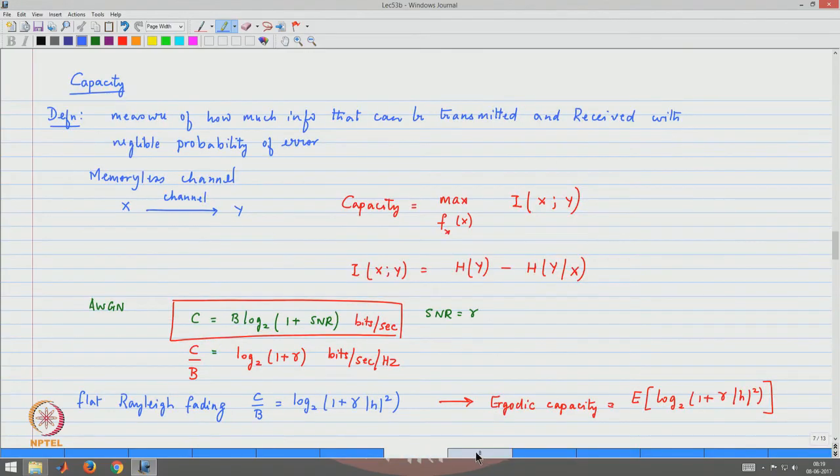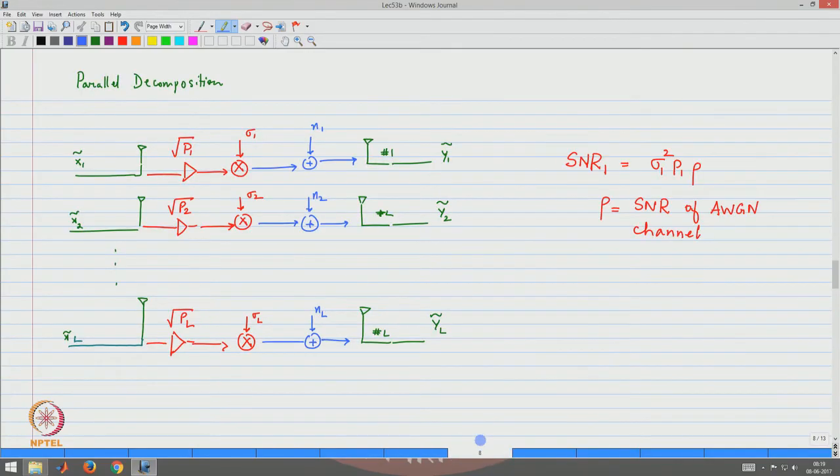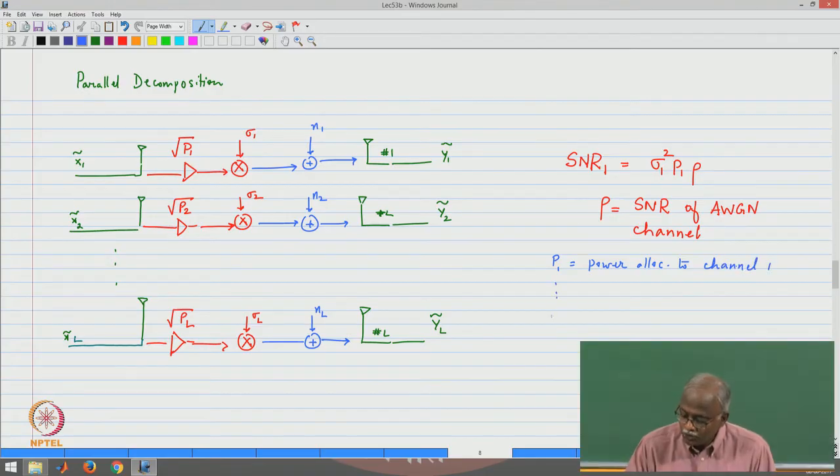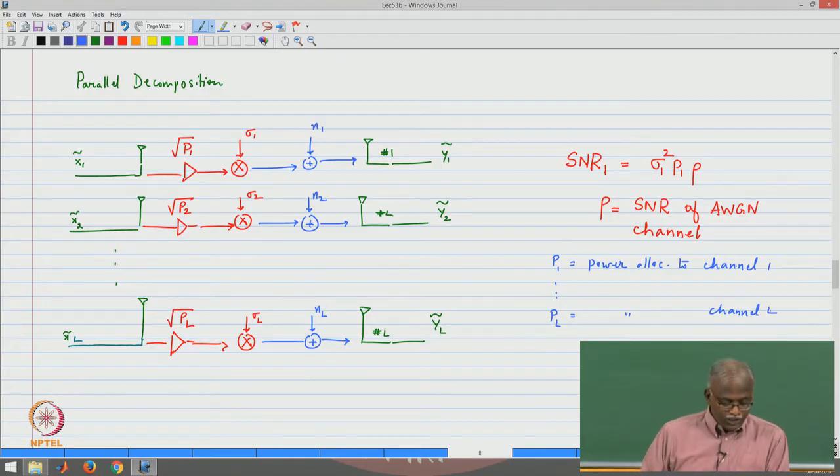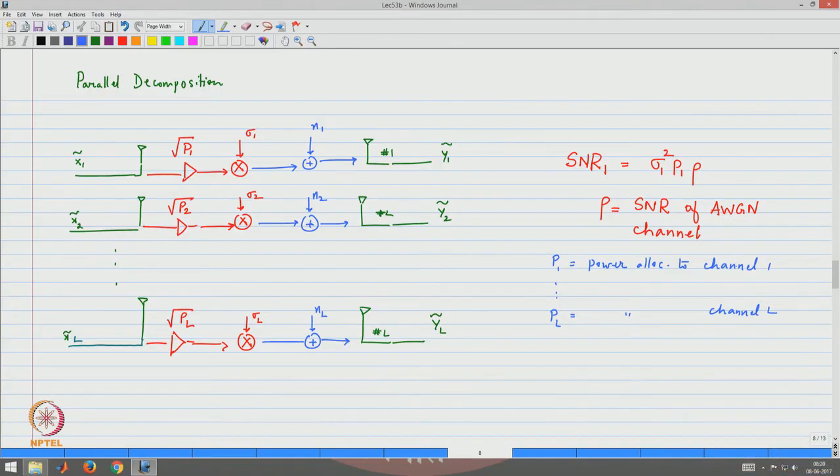Now, we would like to take it one step further, where we also allocate power to each of the L channels. So, P1 is the power allocated to channel 1, P2 to channel 2, and so on, and then we have PL as the power allocated to channel L. Now, this is always done under a total power constraint.